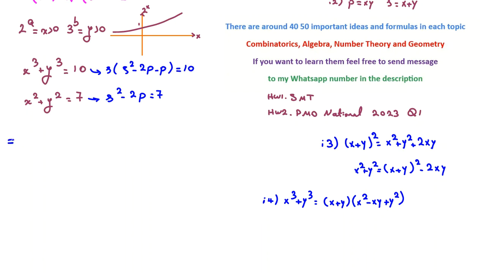So if we write these two equations: s cubed minus 3ps equals 10, s squared minus 2p equals 7. So two equations, two variables.